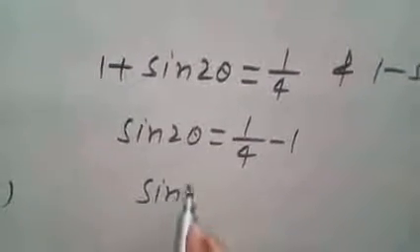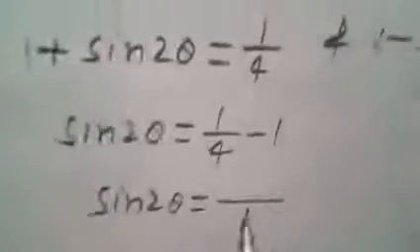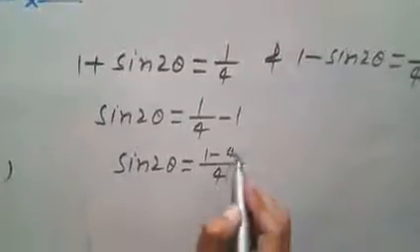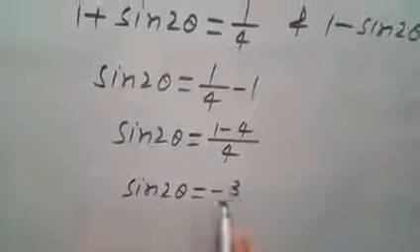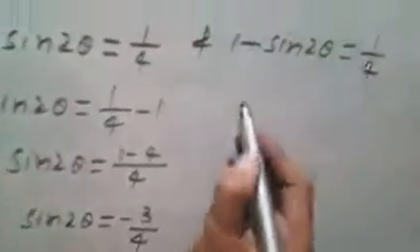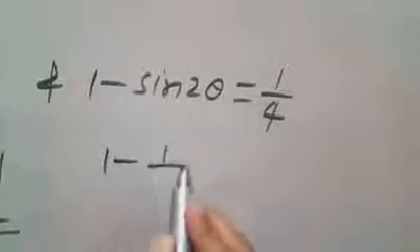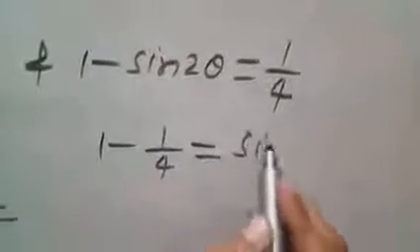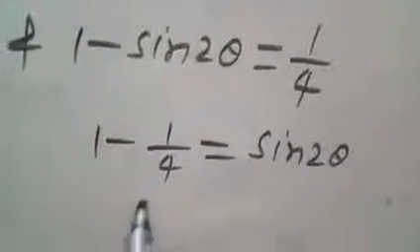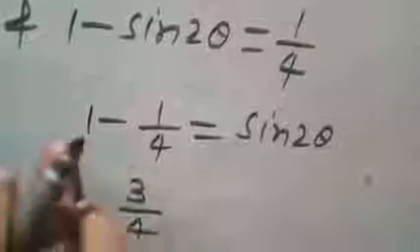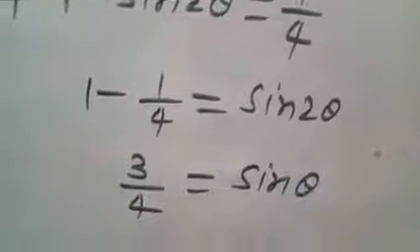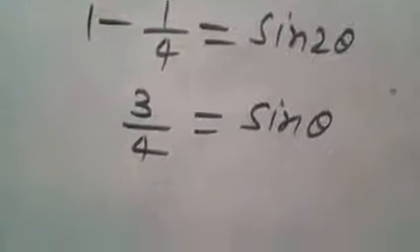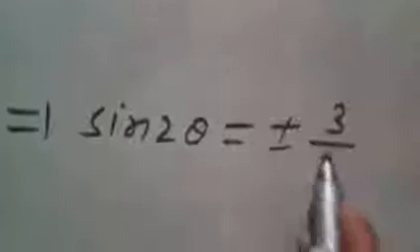So sin 2 theta is equal to, 4 is the LCM, 1 minus 4, so sin 2 theta is equal to minus 3 by 4. And here 1 minus 1 by 4 is equal to sin 2 theta, so 4 minus 1, 3 by 4. So on the whole we can say sin 2 theta is equal to plus minus 3 by 4.